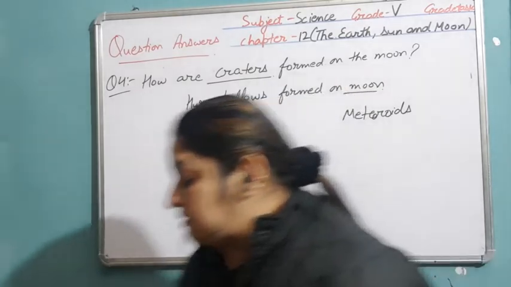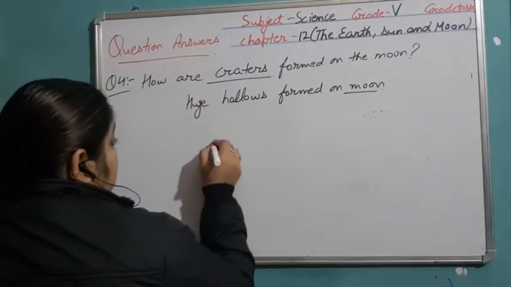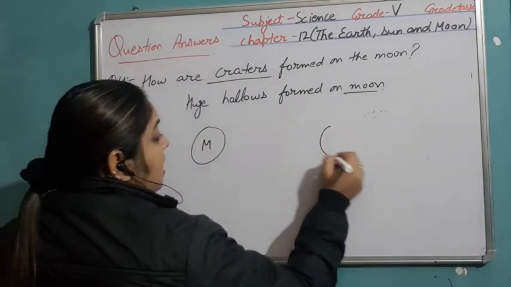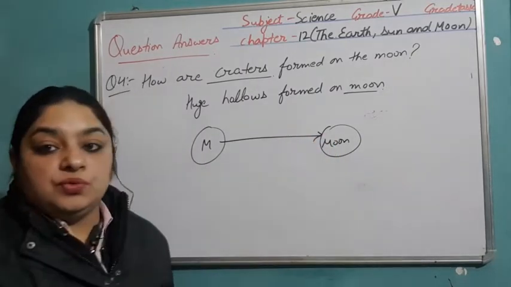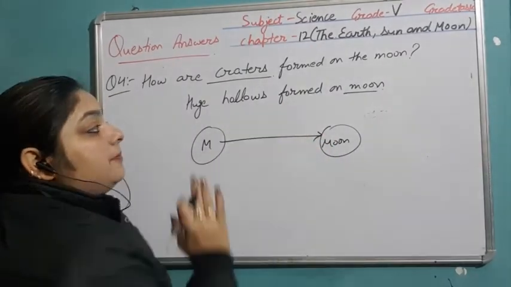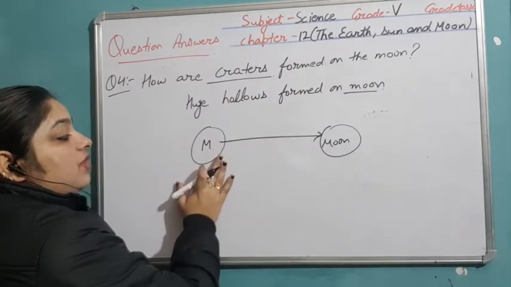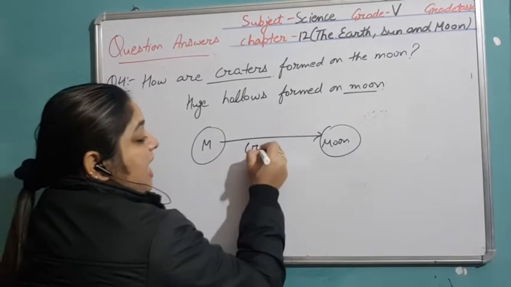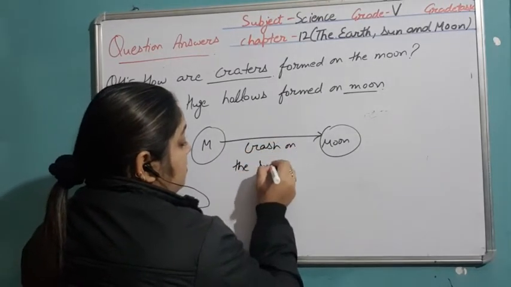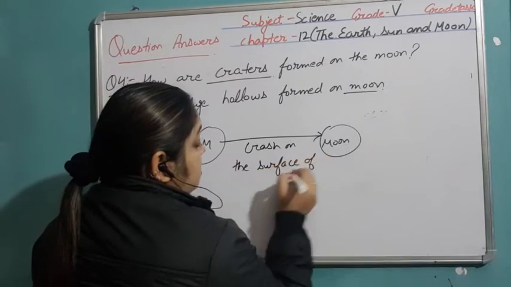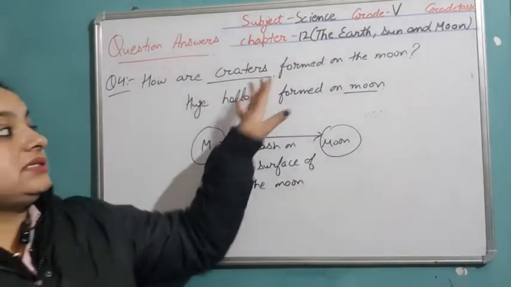So what happens in actuality is, when these meteoroids hit, for example, this is a meteorite and here is the moon, when it hits the surface of the moon, then they form the craters. So craters are formed when meteoroids crash on the surface of the moon.